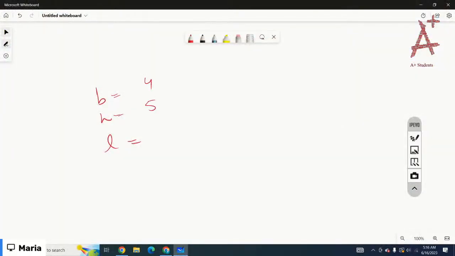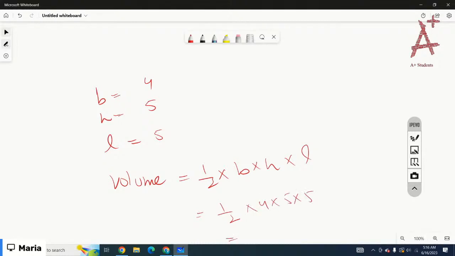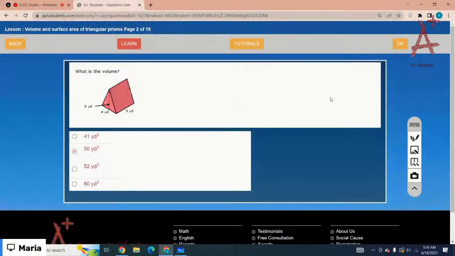So just use the formula for the volume, half times base times height times length. So 1 by 2 times 4 times 5 times 5. 5 times 5 is 25, 25 times 4 is 100, and 100 divided by 2 is 50. So the volume of this shape is 50 cubic yards. Got it?